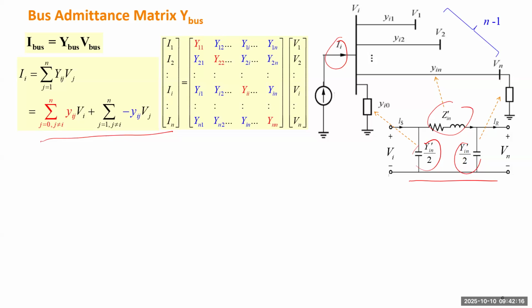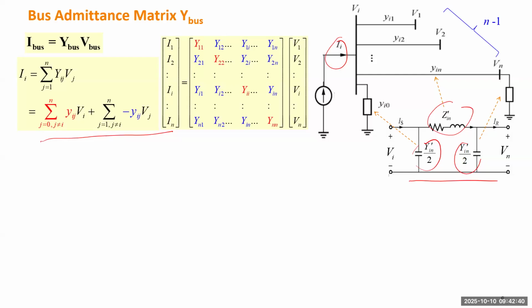A transformer can also have a pi model. If it's not a phase-shifting transformer, the transformer can be represented by just some internal reactance, which is similar to a short line. We'll talk about that later. But anyway, for each branch, we can have a pi model.